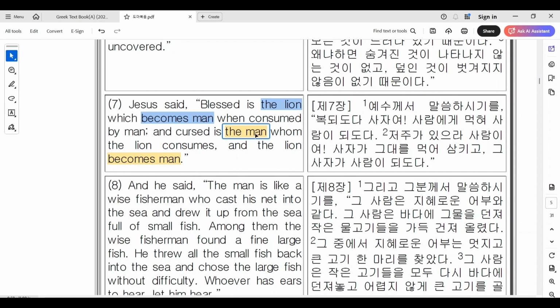So this man, eaten by the lion, like we just saw in 1 Peter chapter 5 verse 8. Be sober and vigilant. Those young men. The lion becomes man.